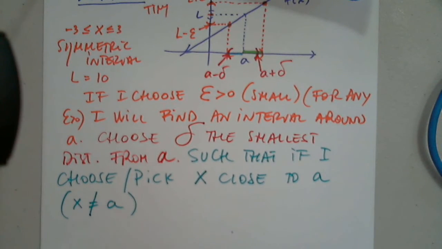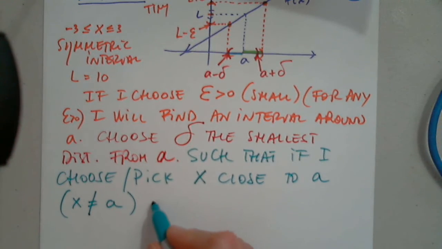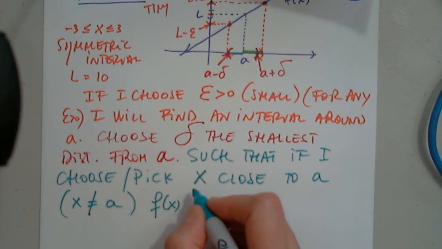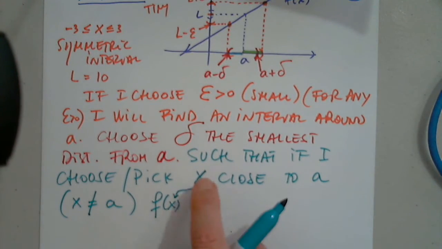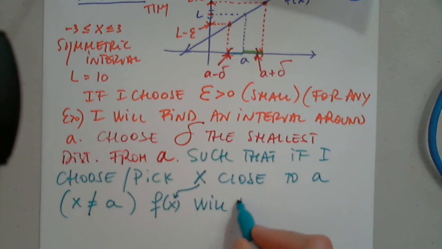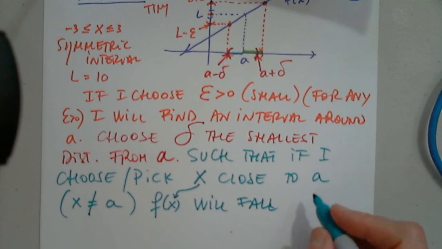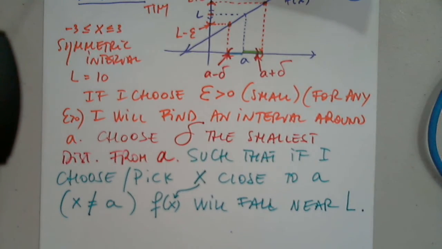No, specifically no. Such that if I choose or pick X close to A, f of this X, whatever X is, f of the X will fall near L. How come?